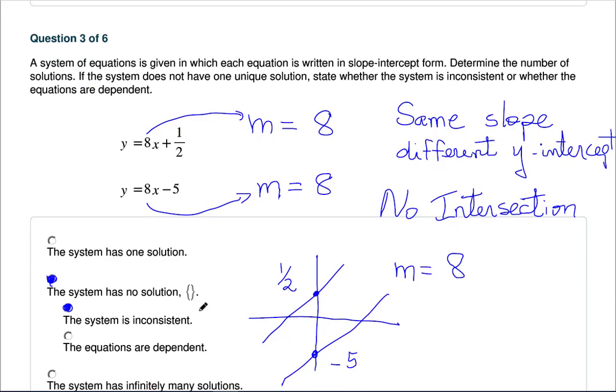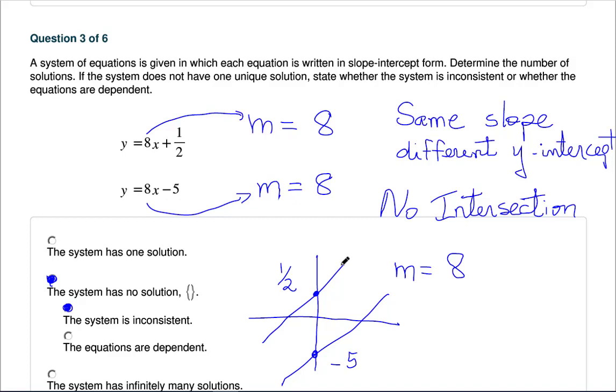All right, what about question 3 here? Let's see. Slope is 8. Oh, this one has a slope of 8 as well. So these do have the same slope, but I'm looking at the end here, the b, and they do have different y-intercepts.